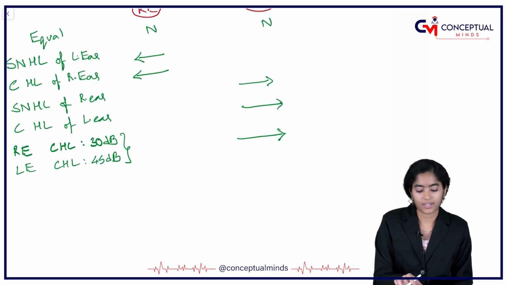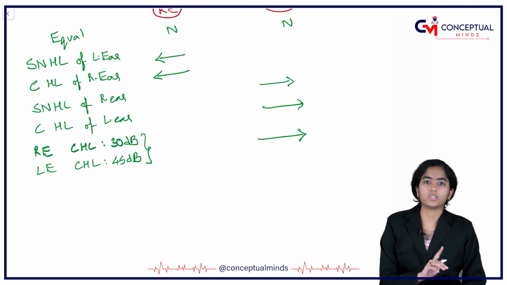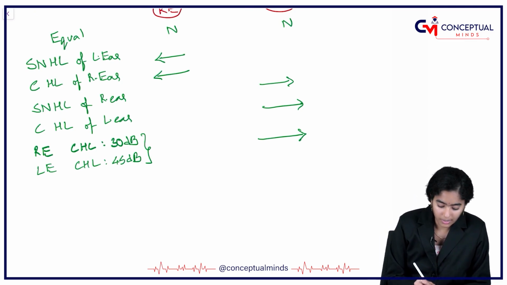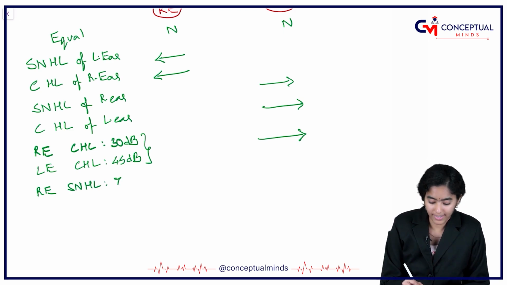Now next scenario, let us say the patient is having sensorineural hearing loss in both the ears. Right ear sensorineural hearing loss is say around 70 decibels. Left ear sensorineural hearing loss is around 50 decibels.